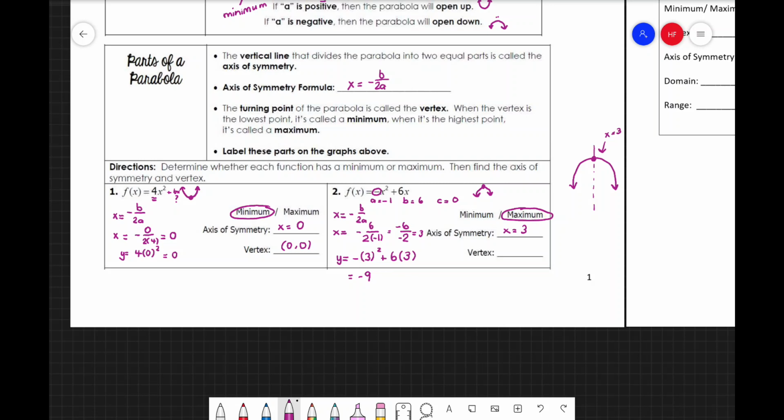If the negative were on the inside, it would be different. We would have a positive number. So be careful with that. And then plus 6 times 3, which is plus 18. Negative 9 plus 18 is a positive 9. So my x value is 3, my y value is 9.